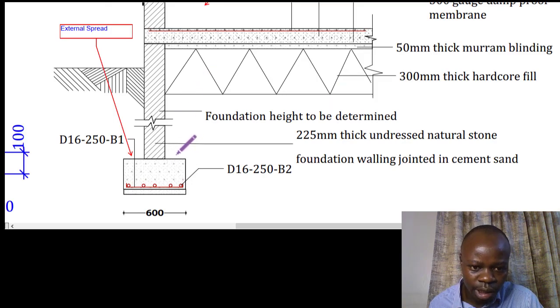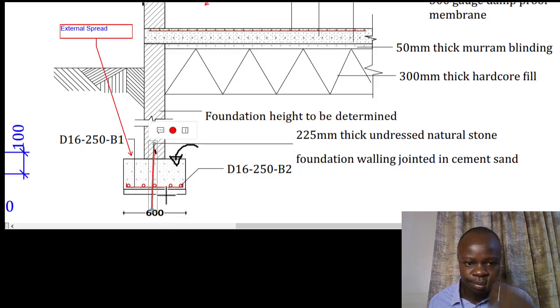For instance, this is a spread, this part here, and then this is also another external spread. Okay, so the center line that we need is supposed to come through the center of this particular plan.